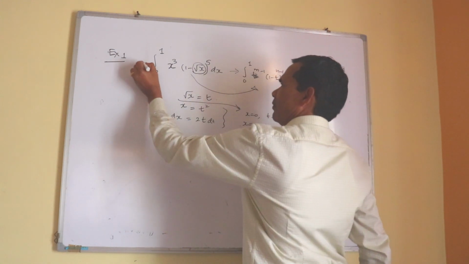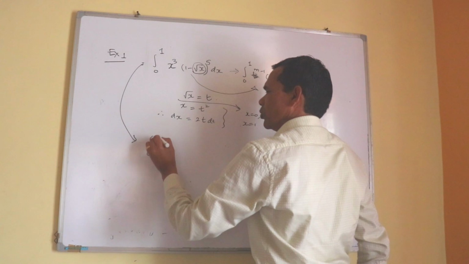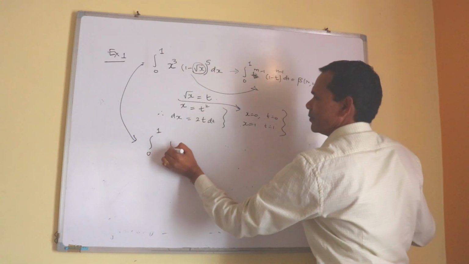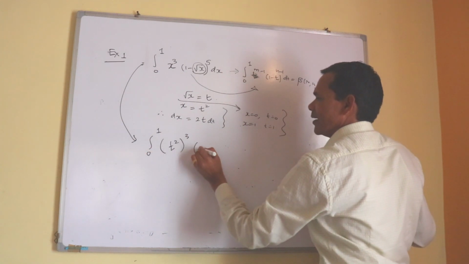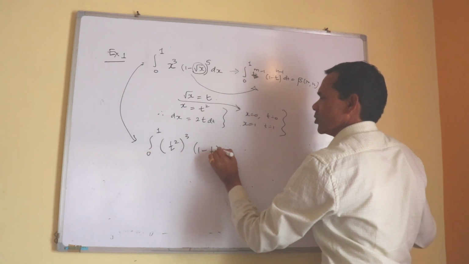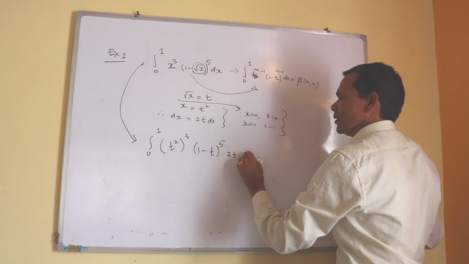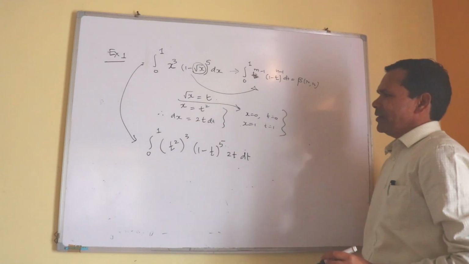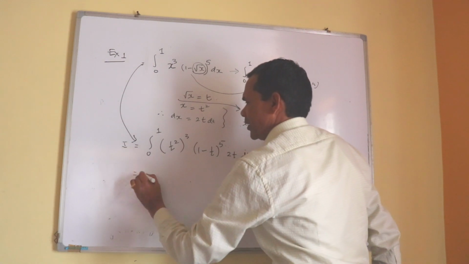So this integral will get transformed to this particular form, 0 to 1, x is t square bracket cube, 1 minus t bracket raised to 5, and dx is 2t dt. So we just simplify this and try to reduce this integral to a beta integral.